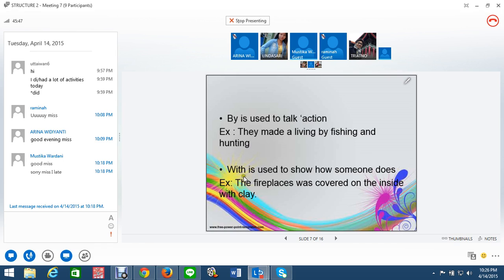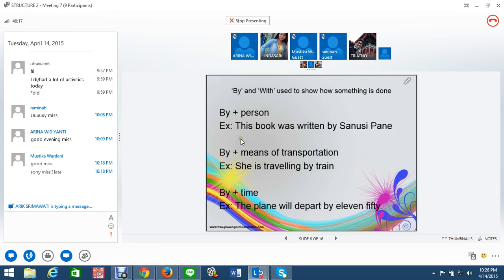Okay, next. With is used to show how someone does something. Okay, the fireplace was covered on the inside with clay. So with clay. So how someone does. Bagaimana seseorang itu melakukan sesuatu. So we use with here. Okay, so you have to be able to differentiate between by and with.